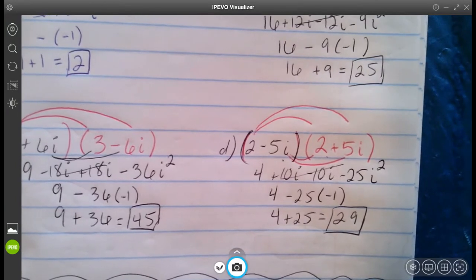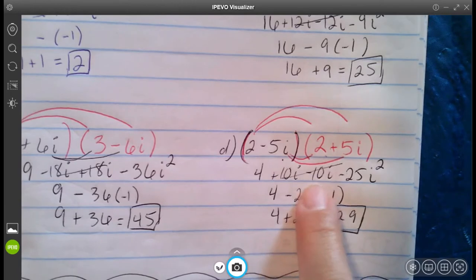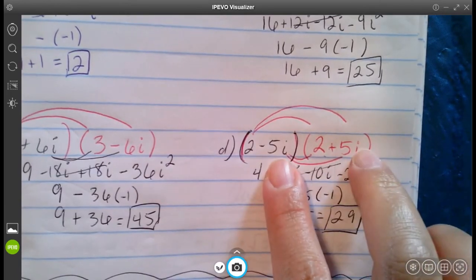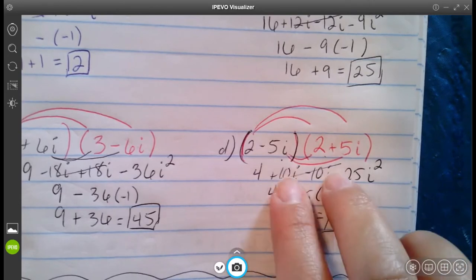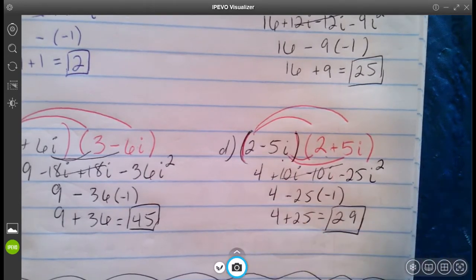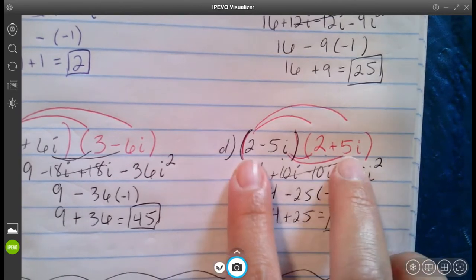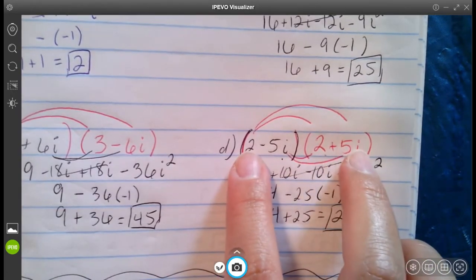So based on these 4 examples, you can see that the middle terms are going to come out to 0 because it's just the opposite sign being added together, which comes out to 0. So if you wanted to skip some steps, all that we really need to look at would be the endpoints where you're squaring.